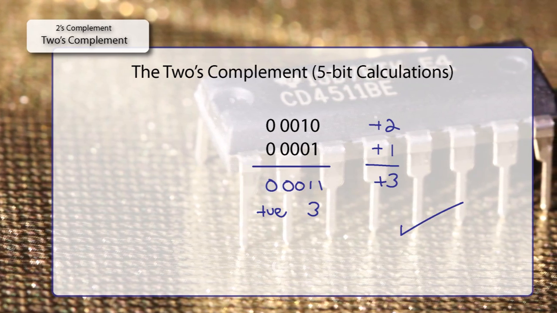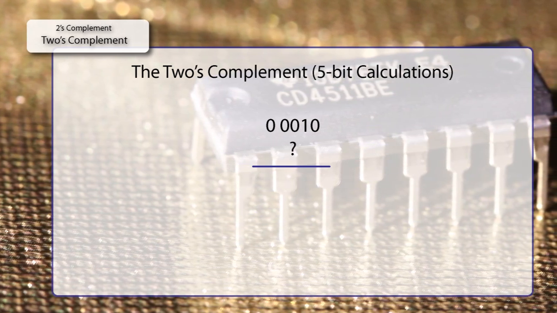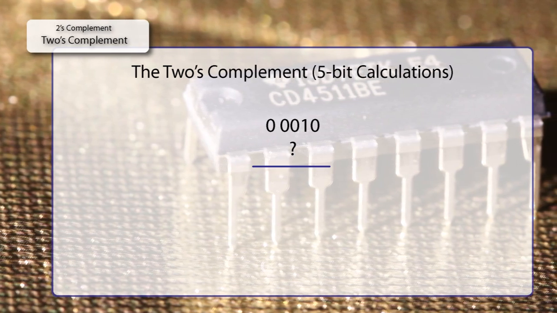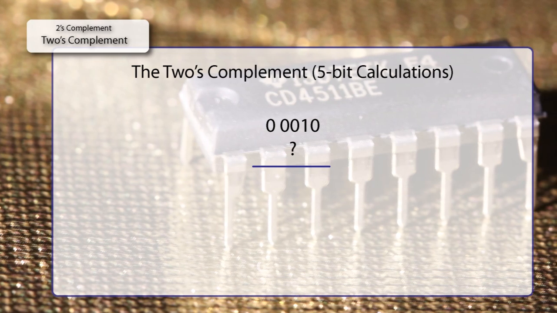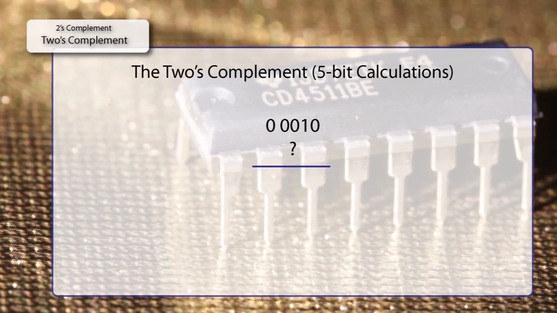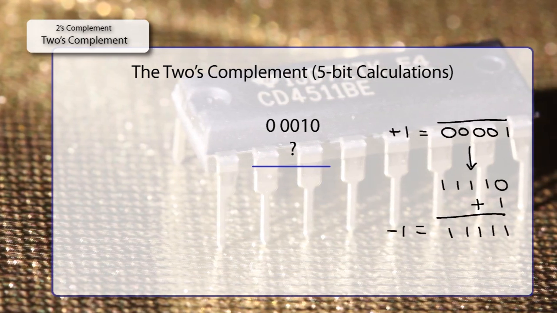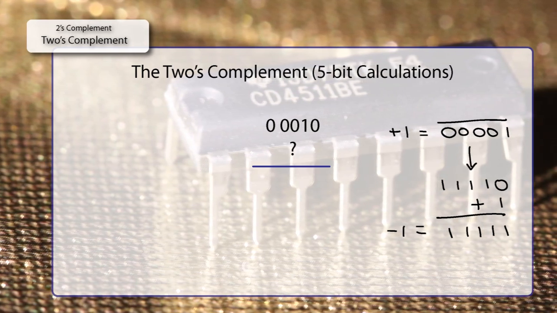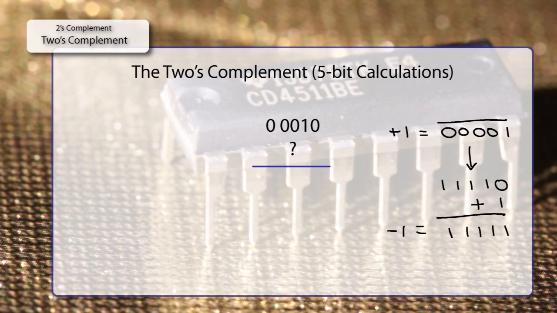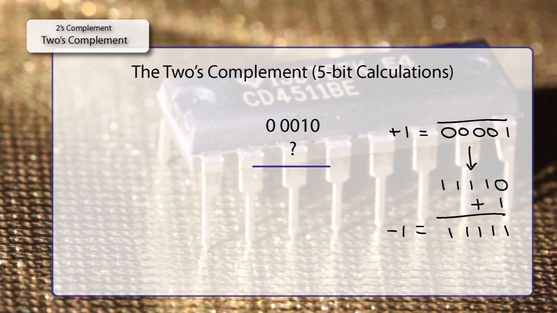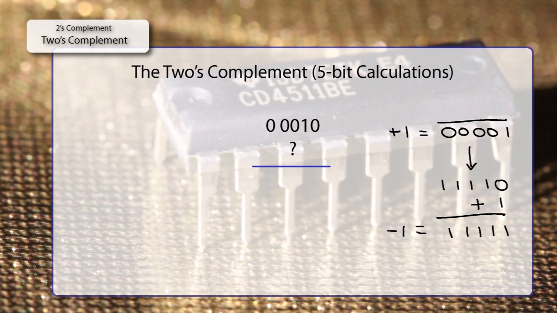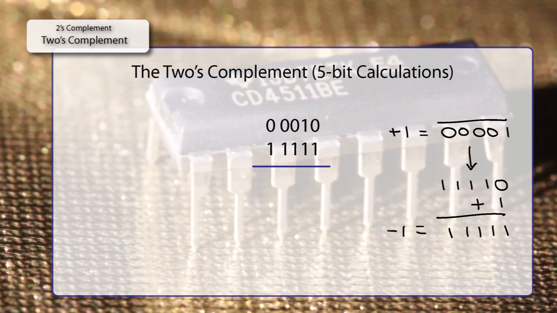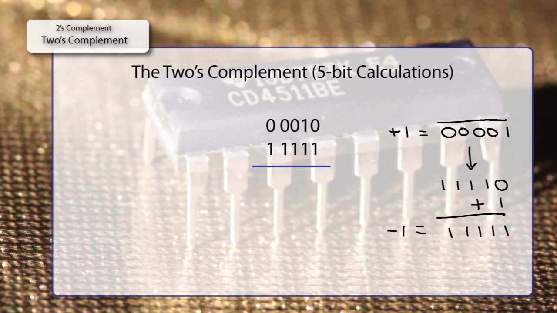However, to do 2 minus 1, we're actually going to do 2 plus minus 1, where we convert minus 1 into its 2's complement form. So the 2's complement of minus 1 is 0, 0, 0, 0, 1, which is plus 1. Invert the bits, it becomes 1, 1, 1, 1, 0, plus 1 equals 1 with 4 ones. So our addition of 2 plus minus 1 is 0, 0, 0, 1, 0, plus 1 with 4 ones.